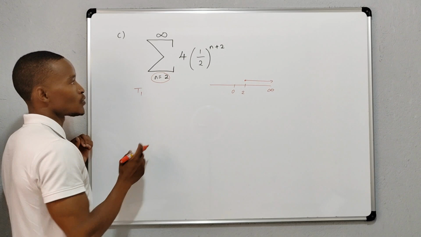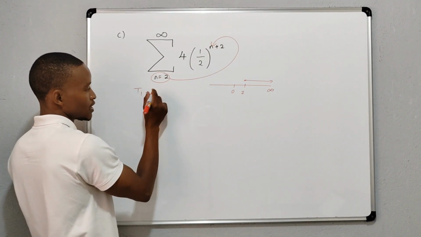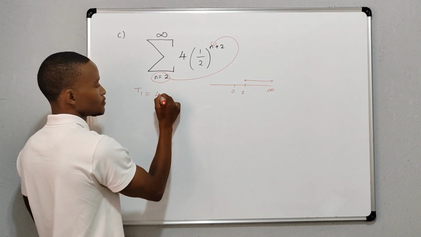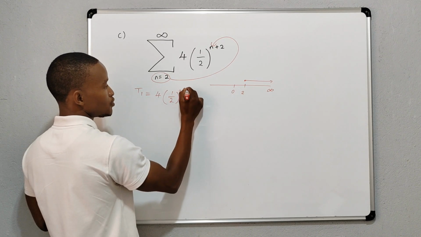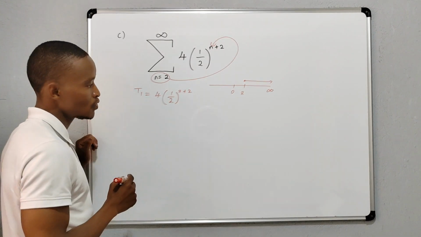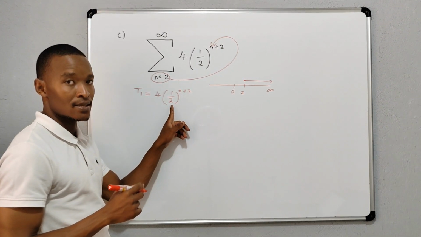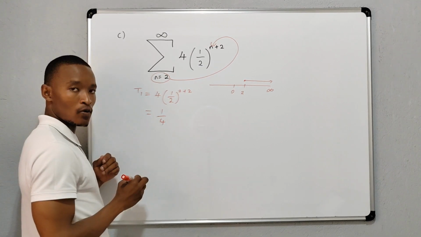So we substitute 2 in place of n to get the value of term 1. Okay, so let us get that right. 4 times 1 over 2 to the power of 2 plus 2. What does this give us? 1 over 16, right? So this becomes 1 over 4.